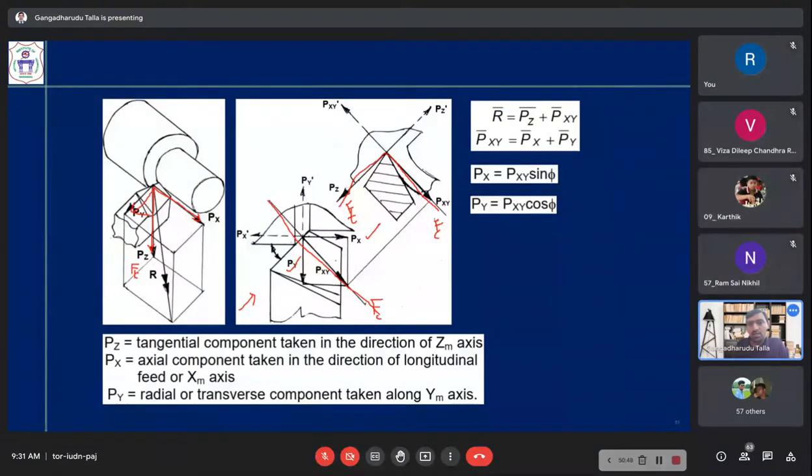Now, what is this phi? Principal cutting edge angle, not the shear angle.